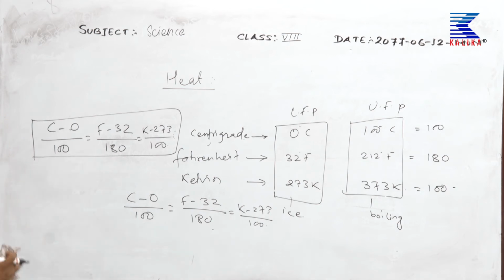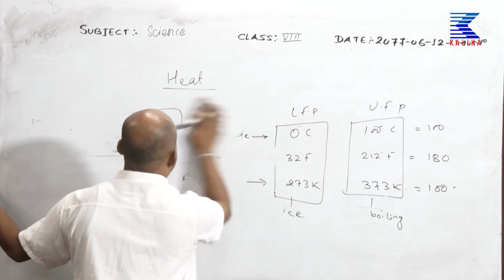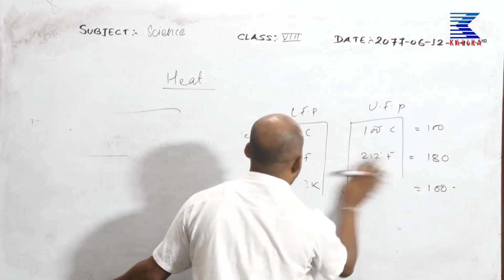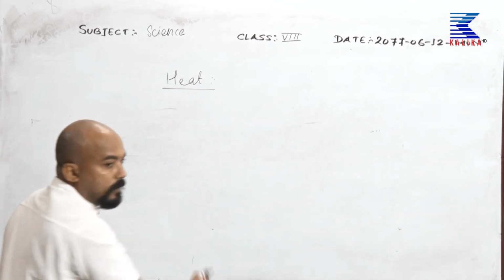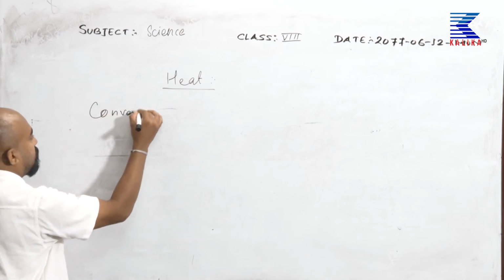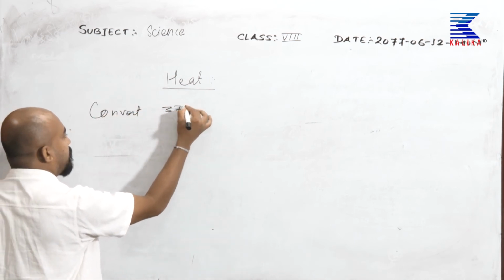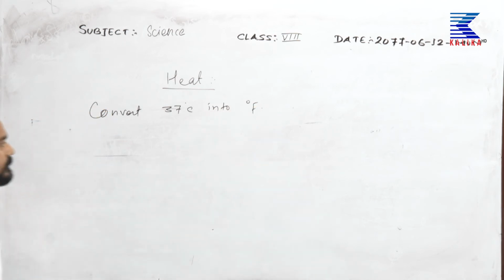Okay, let us do some numerical for this. Convert 37 degrees Celsius into degree Fahrenheit.